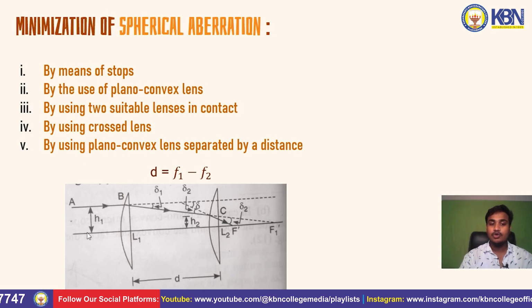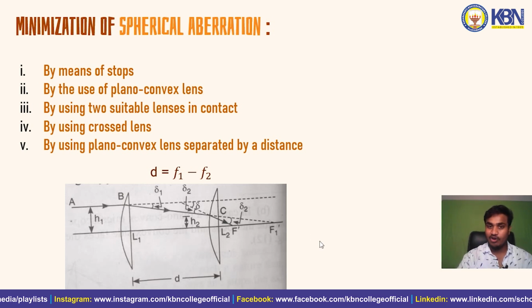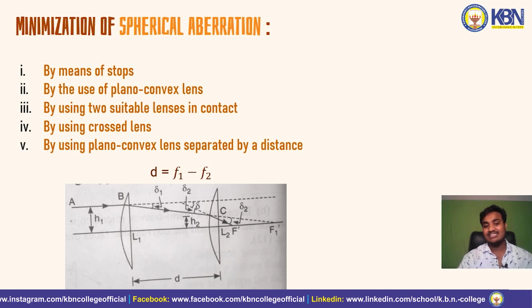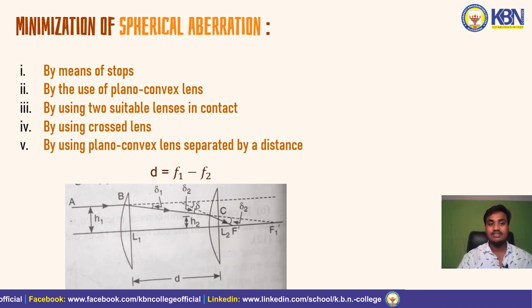You can see 2 plano-convex lenses separated by a distance. If you derive this, you will get the distance between the 2 plano-convex lenses equal to the difference in the focal lengths, where f1 is the focal length of the first plano-convex lens and f2 is the focal length of the second plano-convex lens. These are the methods used for the minimization or elimination of spherical aberration.